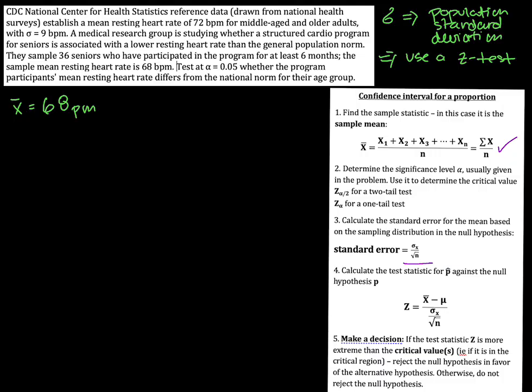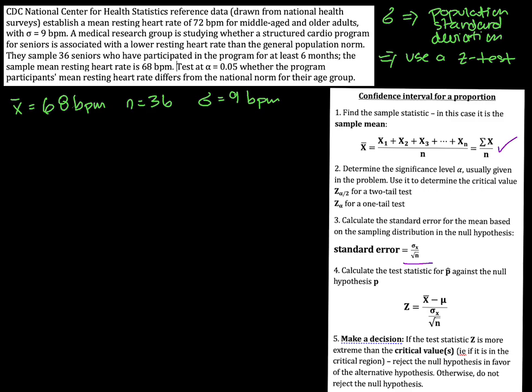We also know that the sample size is 36. We're going to use that later. And that the population standard deviation is 9. Oh, I wrote PM, but it's BPM.